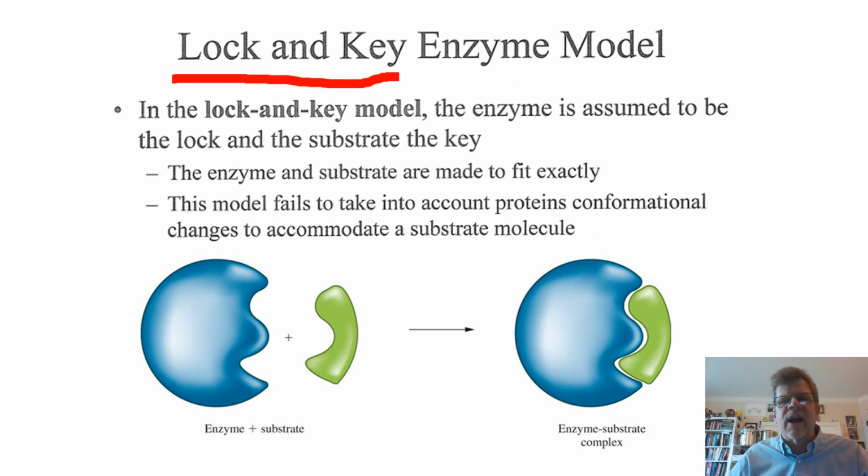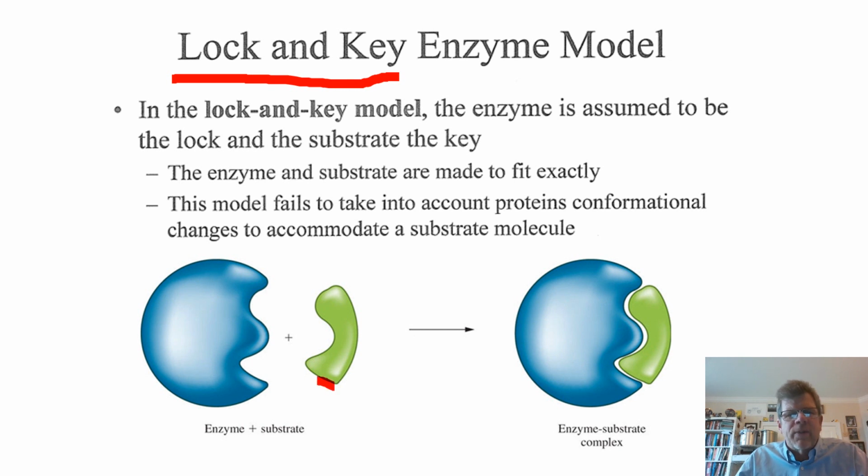If we think about a lock and a key, a lock and a key are made to fit exactly. There's one lock and there's one key, and only one key can go into that lock to unlock the door. All other keys do not fit in the lock, and that's analogous to a particular substrate fitting very snugly, well and tightly into an active site, and all other substrates will not do that. So that's the lock and key method, and if we look down here on the bottom, we see a representation of an enzyme and a substrate.